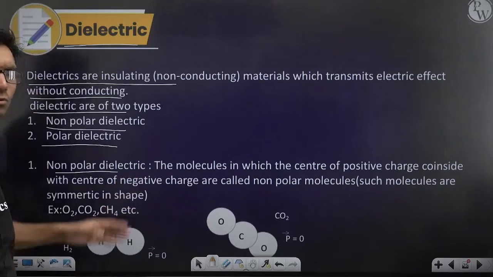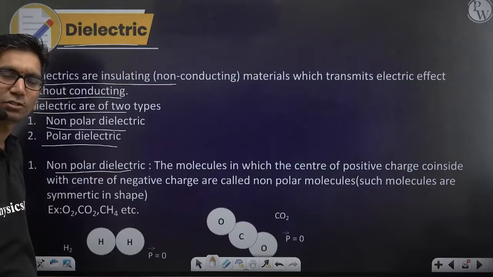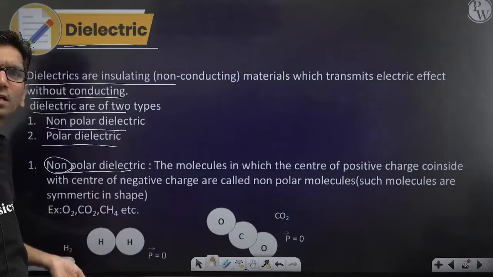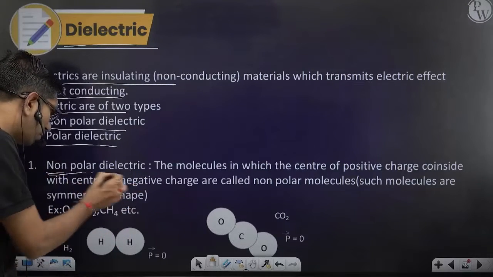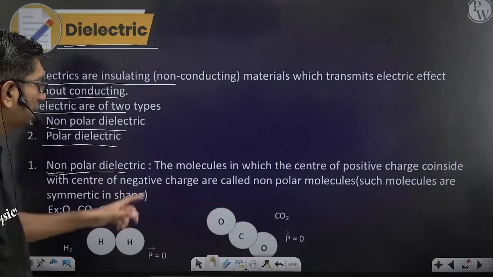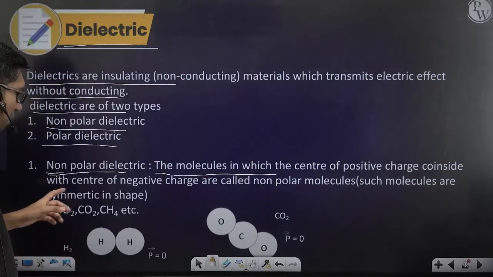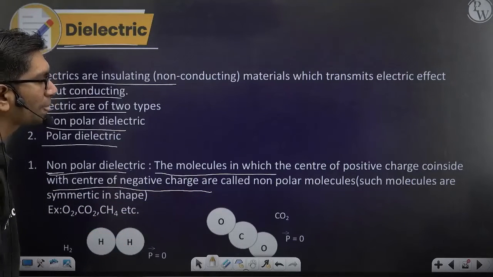Non-polar, so just go through this once. Non-polar dielectrics are not polar, so no dipole moment. The molecules in which the center of positive charge coincides with the center of negative charge are called non-polar molecules.